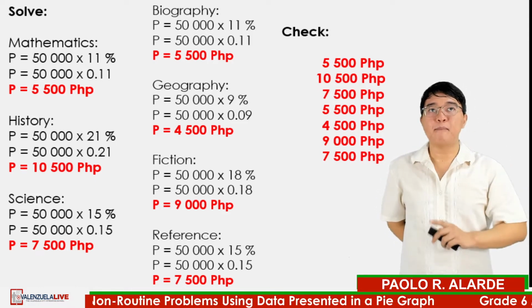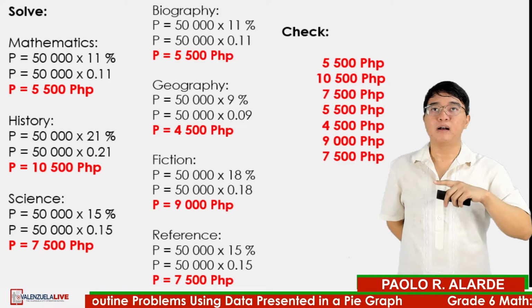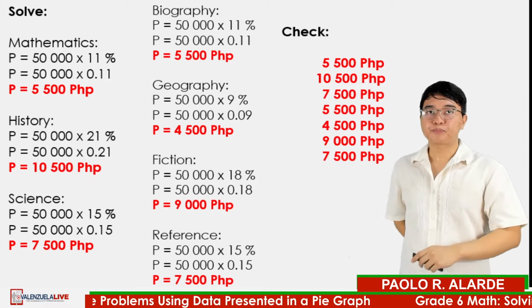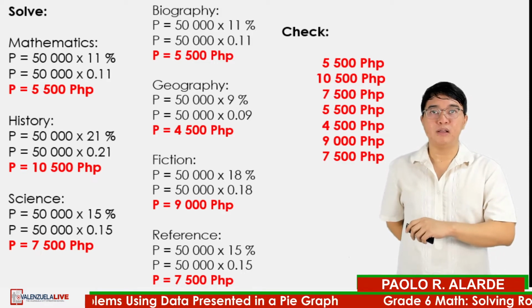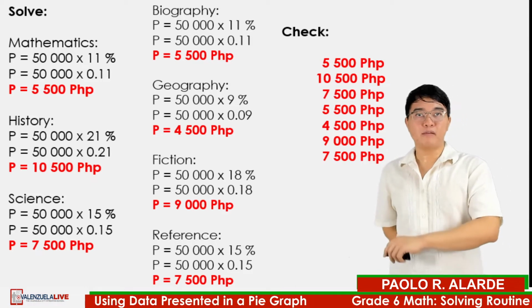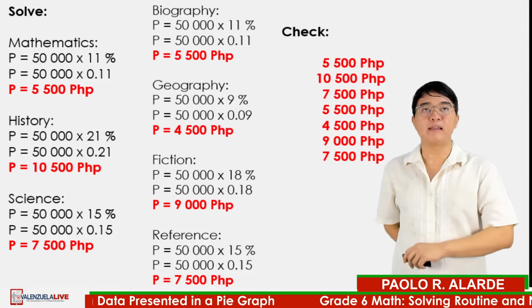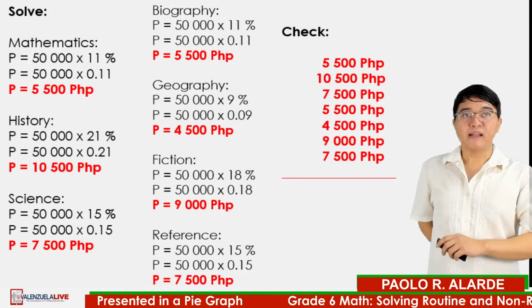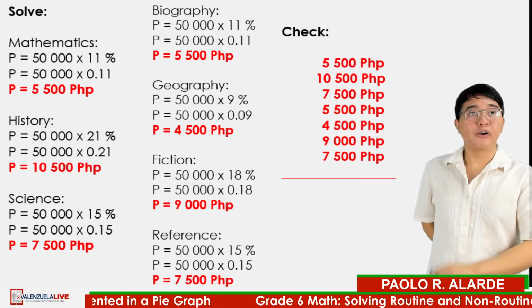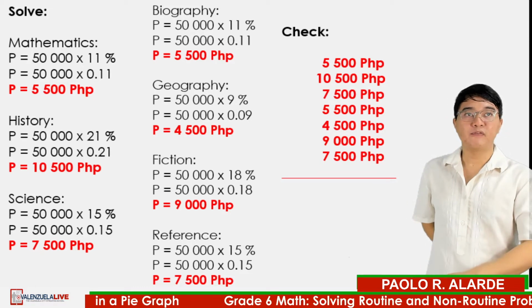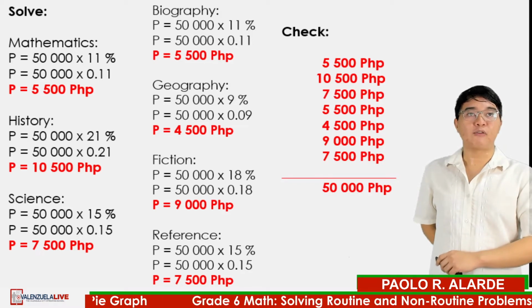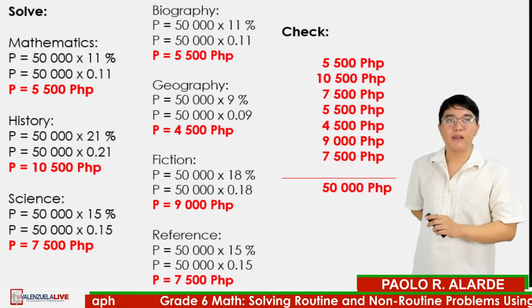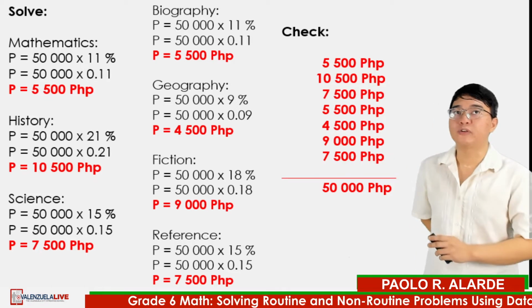If the total of these amounts does match the total allocated budget, which is 50,000, then it means that your answers are correct. So what is the sum of these? Okay, 50,000. So that's one way of checking if your answers are correct.